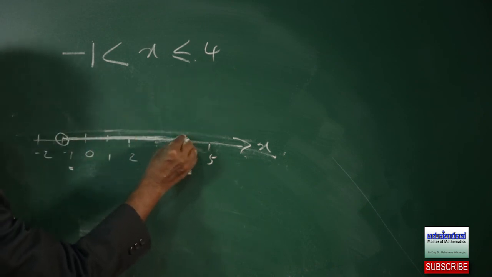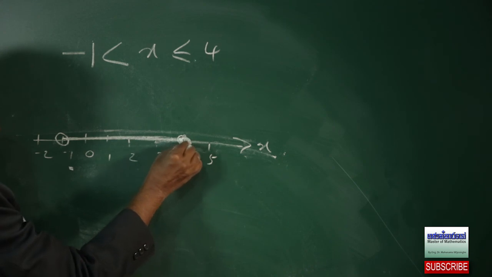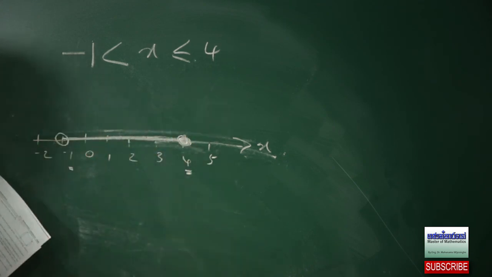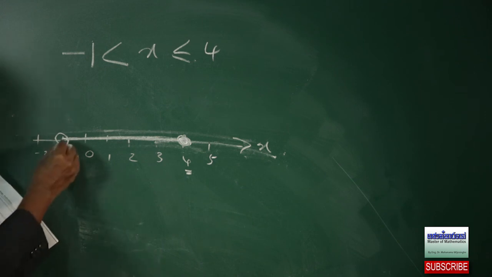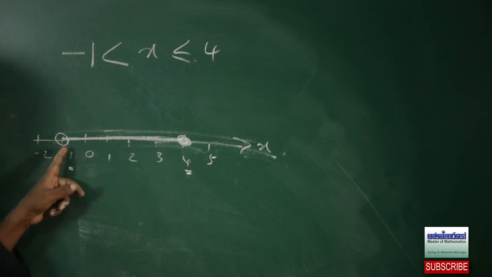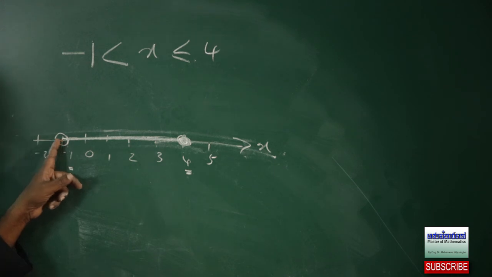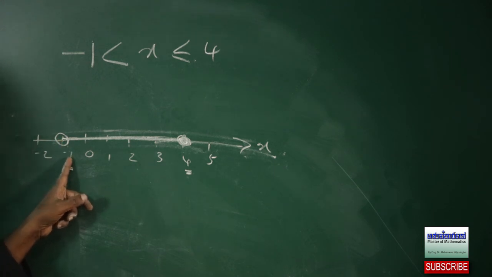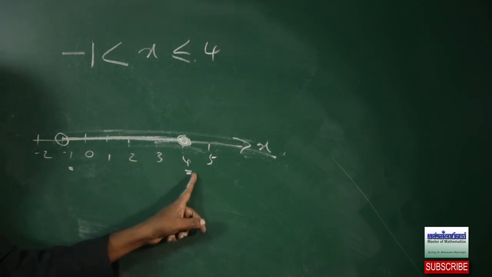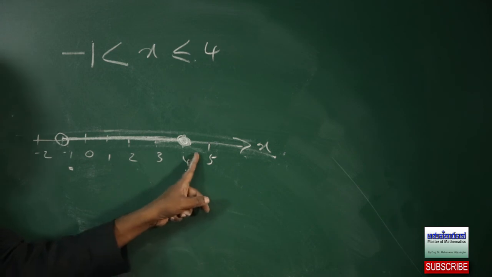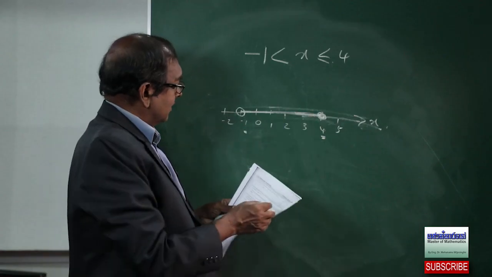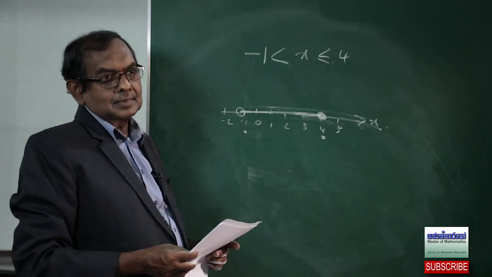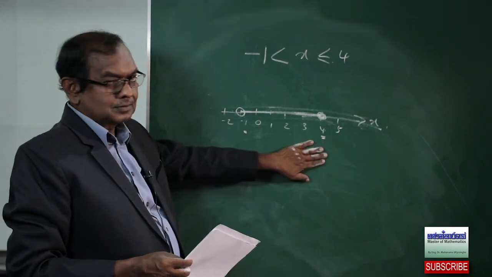If it is equal, we darken this circle. Here it is not darkened, therefore x should be more than minus 1, but it is less than 4, but it can be equal to 4 also. This is the representation of that. This is the answer.